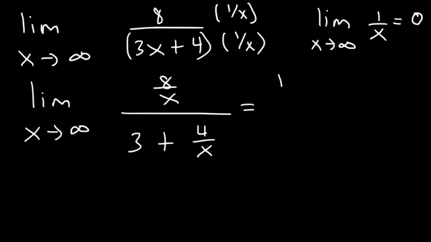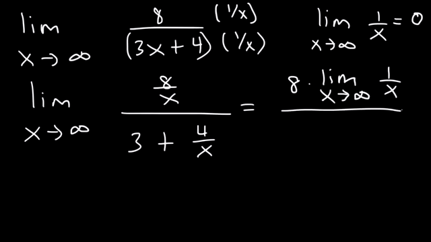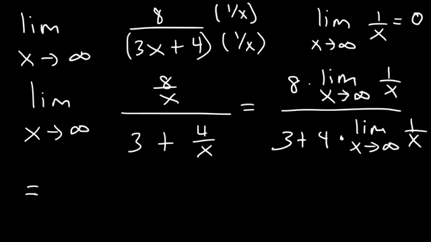So we can rewrite this as the limit. Well, let's separate the 8 from 1 over x. So it's 8 times the limit as x approaches infinity of 1 over x, over 3 plus 4 times the limit as x approaches infinity of 1 over x, if you want to show every step.